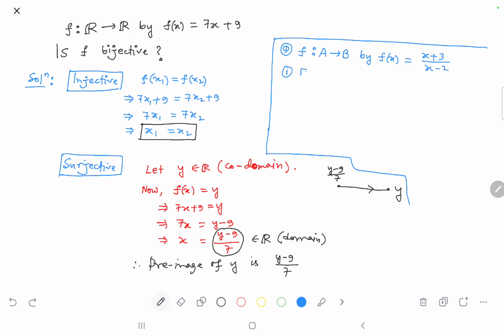First question: find the domain of this f map.